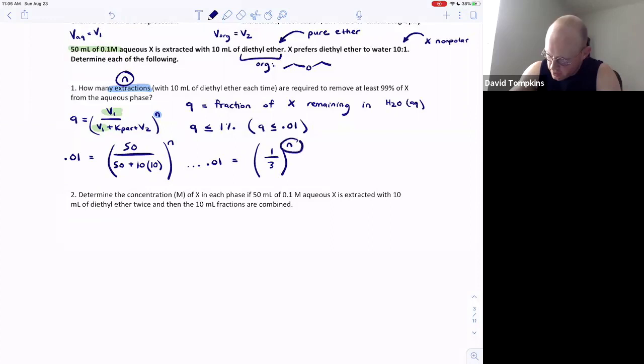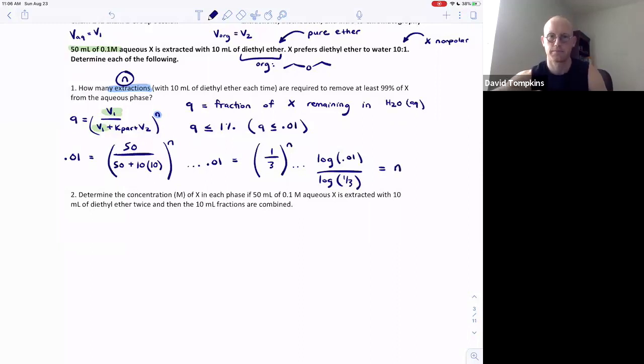And to solve for this exponent n, we need to take the log of each side. So you could say log or natural log of 0.01 over log or natural log of 1/3 is equal to n. So I took the log of each side and then isolated n.